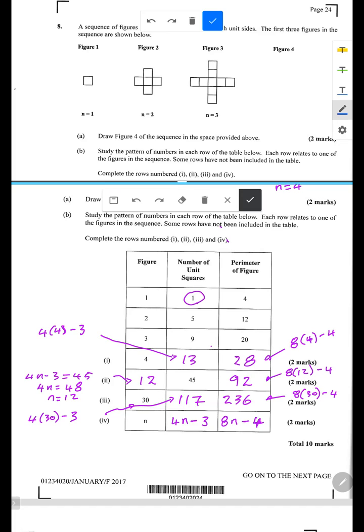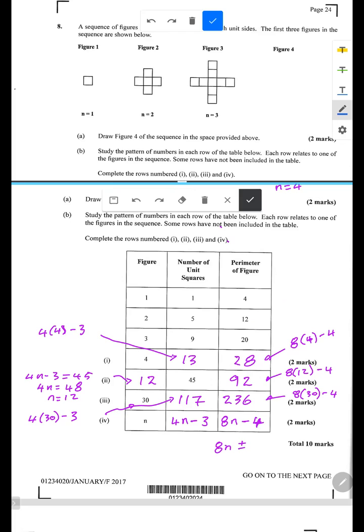For the second one, it's going up by 8 every time. This method only works when you're adding the same thing or subtracting the same thing every time. Because you're adding the same thing every time, 8n is a part of the formula. So it's going to be 8n plus something or 8n minus something.